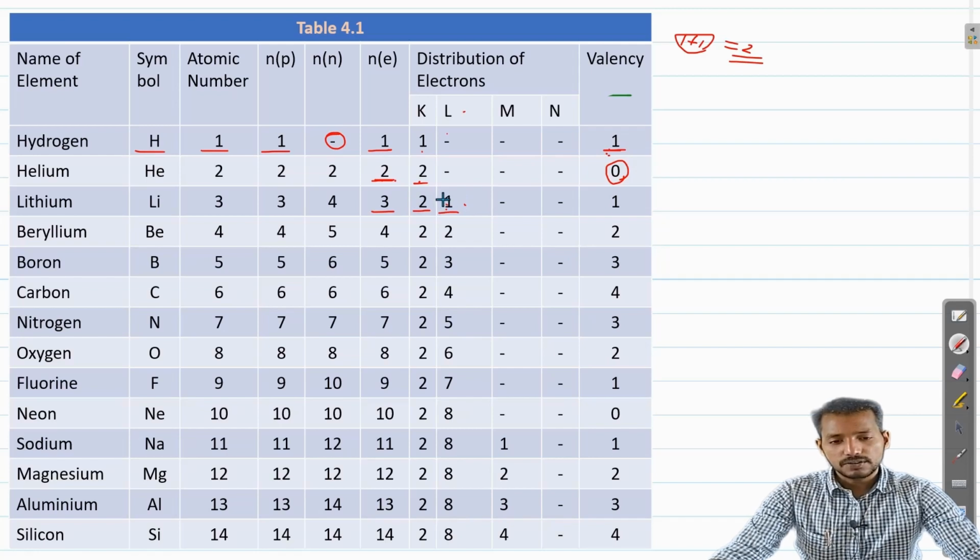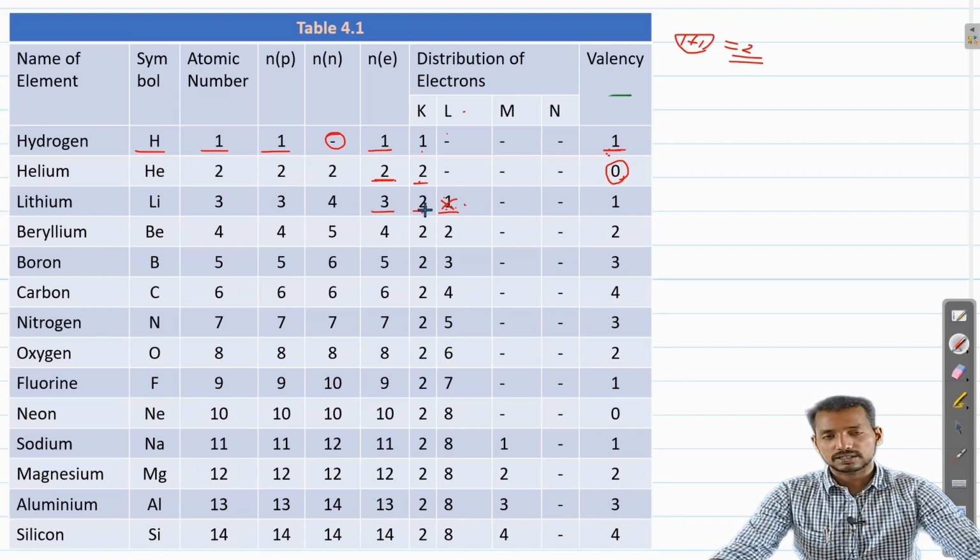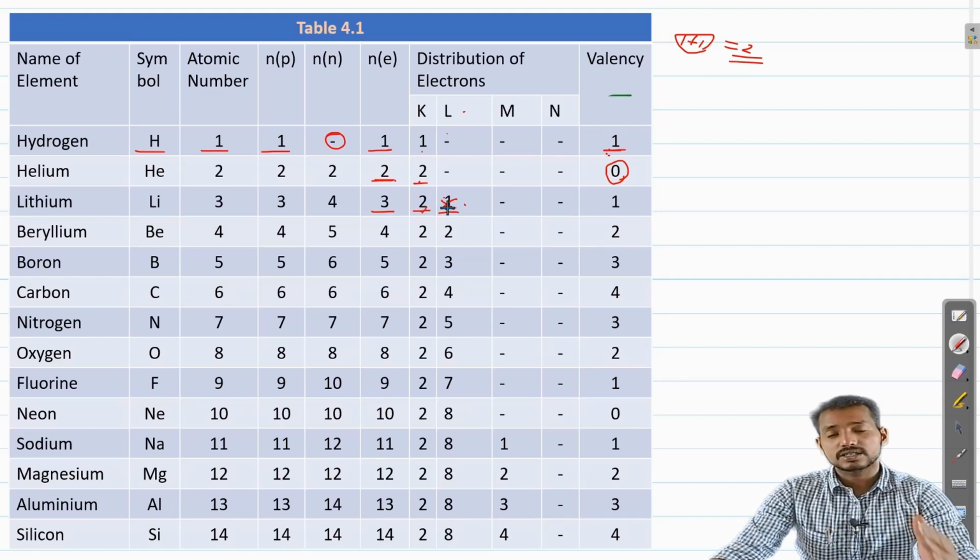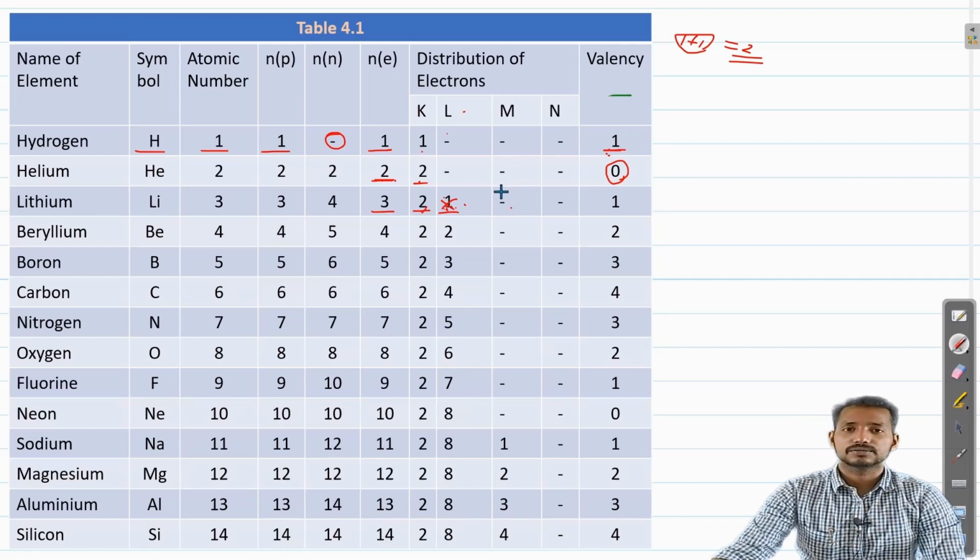But if this 1 electron is lost from here, what will happen? The remaining 2 electrons in the K shell are already stabilized. My question is, is it easier to remove 1 electron or add 7 electrons?